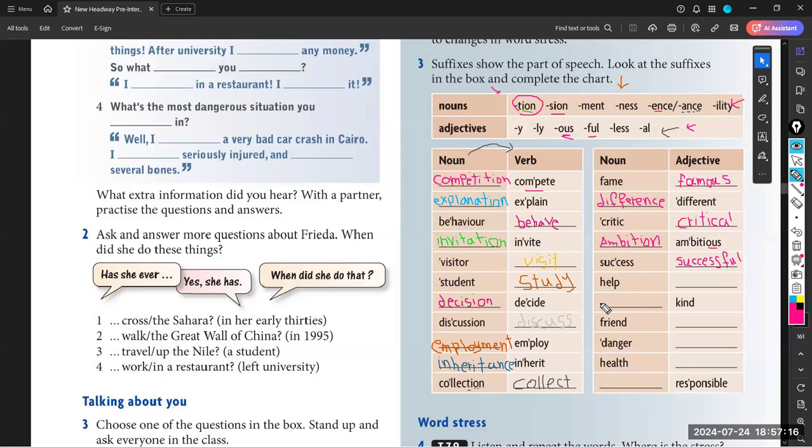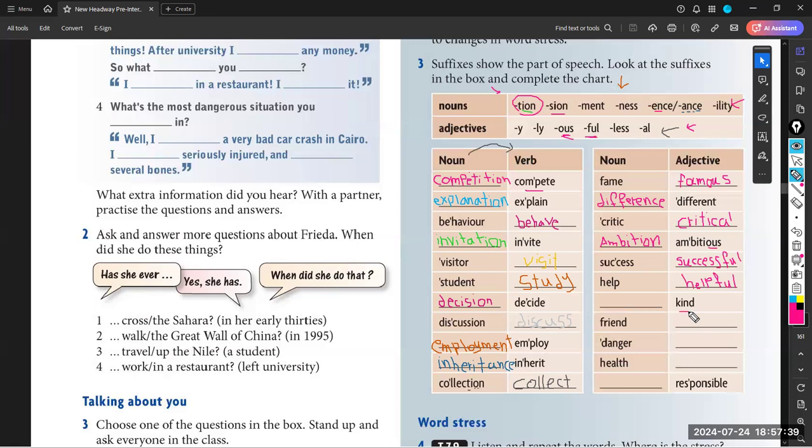What is the adjective of the noun help? Helpful. Thank you so much, Jamila. So help, helpful. F-U-L. This is it.